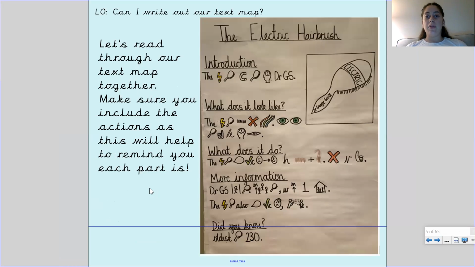Okay, before we read the text map together and do the actions together, I'm going to show you again Miss Gossage's video to help you remember her actions, and listen to the text map one more time, and then I'm going to come back to this slide and we will have a go at doing this together, okay?